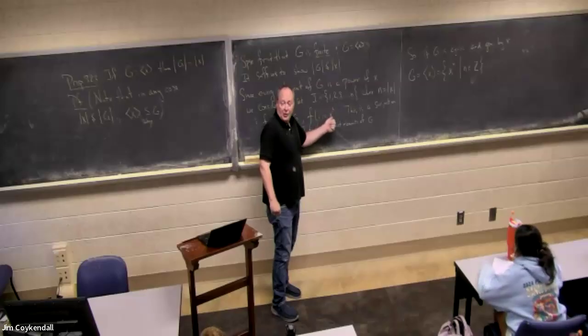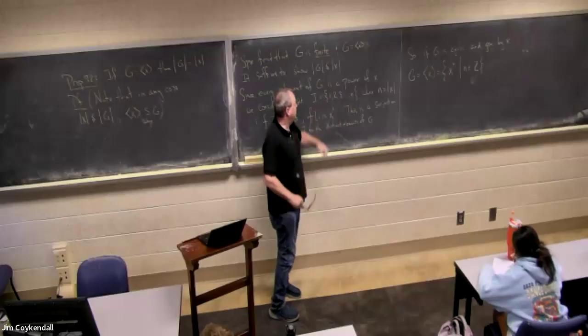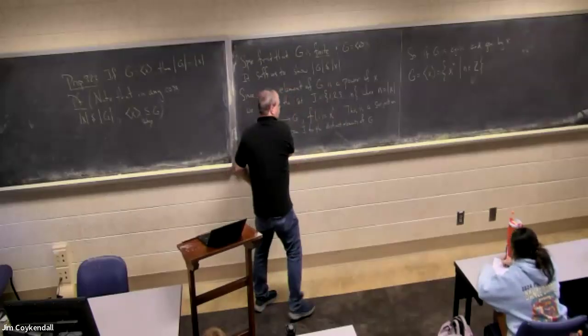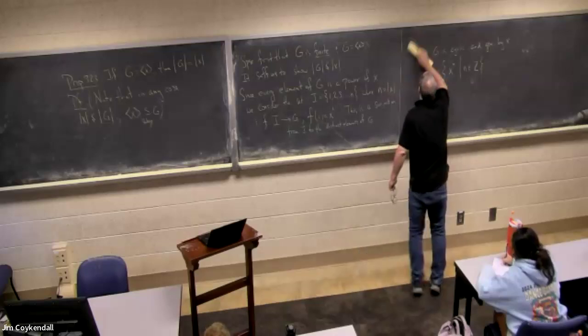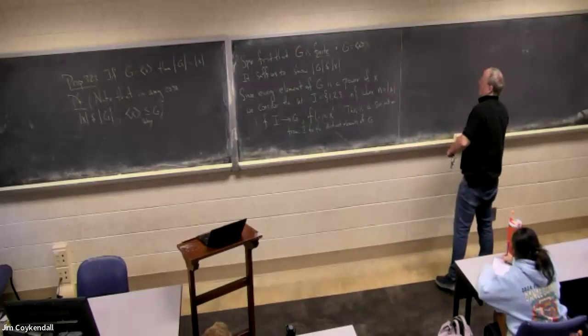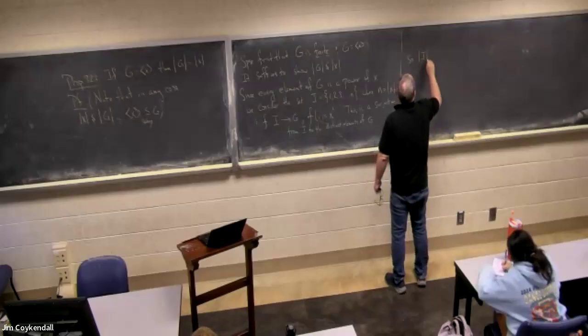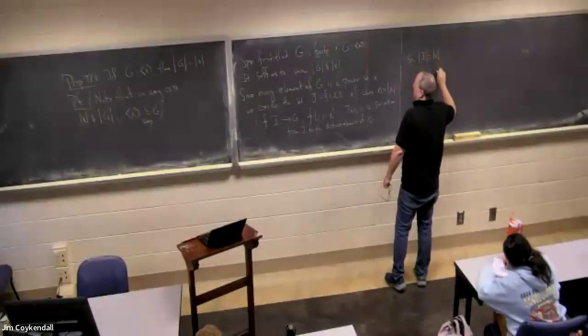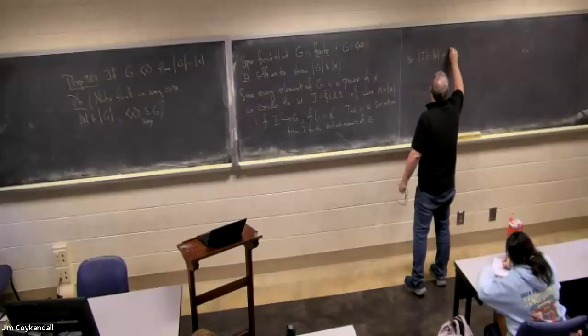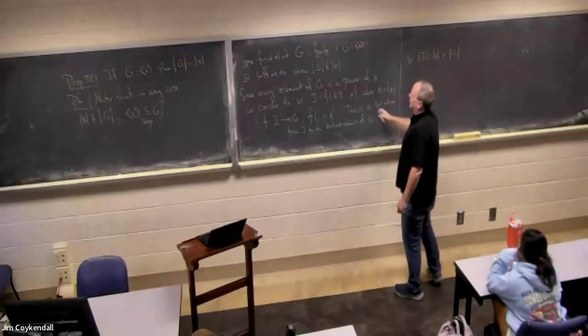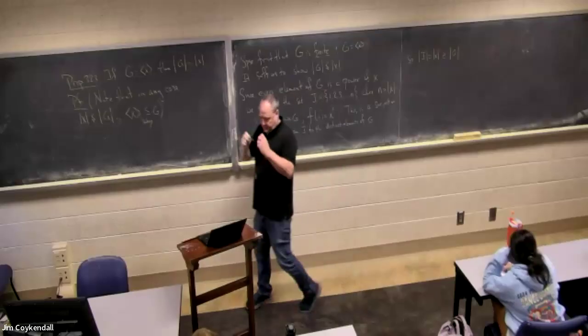And you start over again, but every element of G must have been covered, right? Because every element of G is a power of X. So the order of I, the order of X, is greater than or equal to the order of G, which is what we want to show.